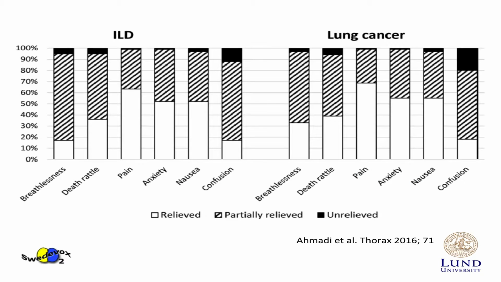And in that registry, we also have data on the level of relief that was experienced. So the data is from the last 7 days. So which symptoms did the patient at any time during this 7 days experience? So it's fairly rough. And if they experienced this, was it partially, none at all, or fully relieved? And we see that breathlessness is, in most instances, only partially relieved.